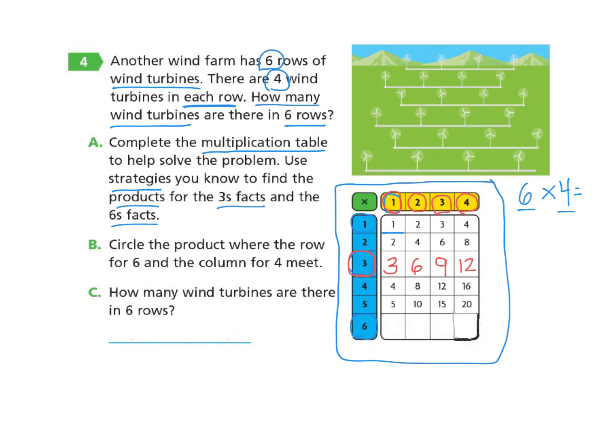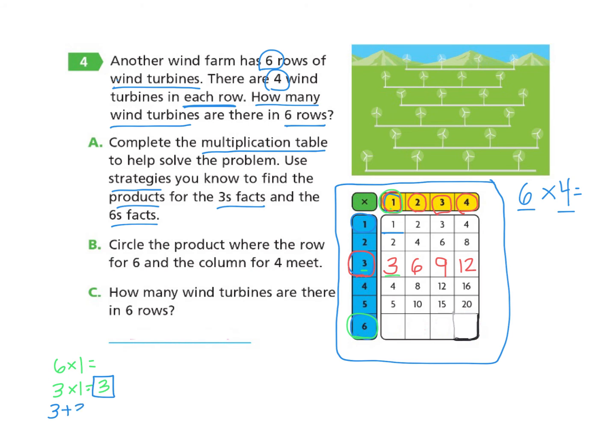Now we're going to complete the 6 facts. So we'll start with 6 times 1, and we can use the strategy that we've learned that we know that 3 times 1 is 3. And we can take the product, 3, and we can double that.